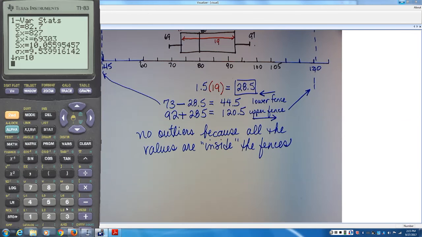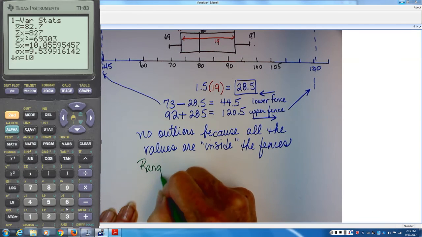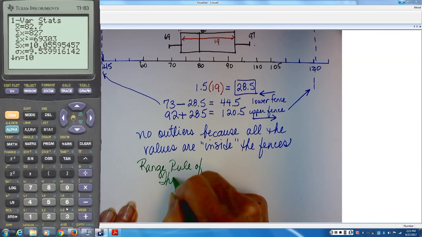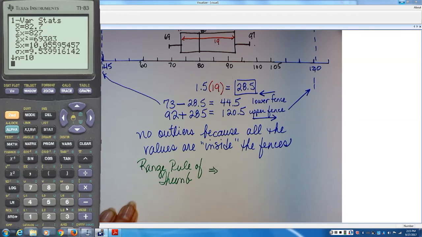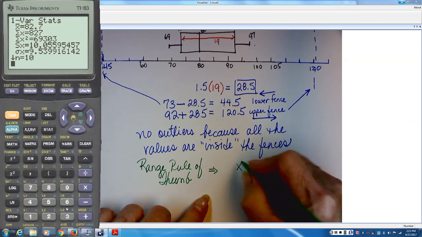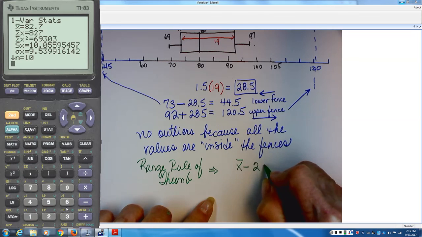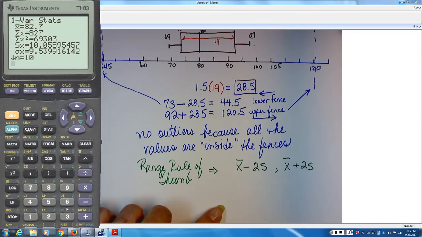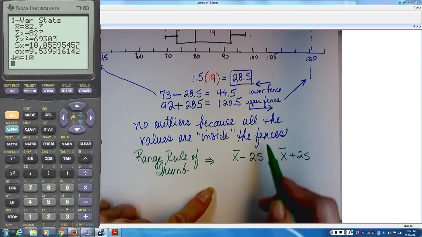So you can take some notes. Which says that you take the mean minus 2 standard deviations and take the mean plus 2 standard deviations to get the same thing as the fences.